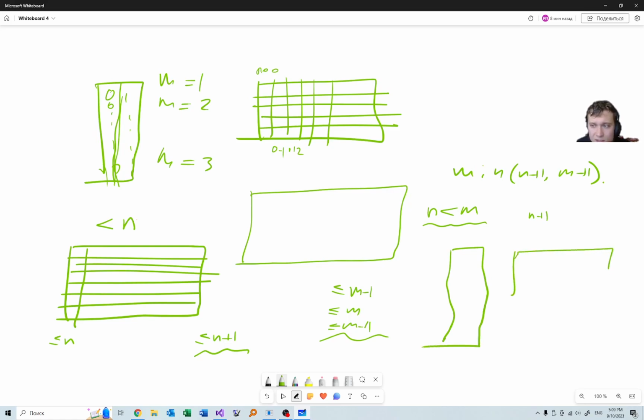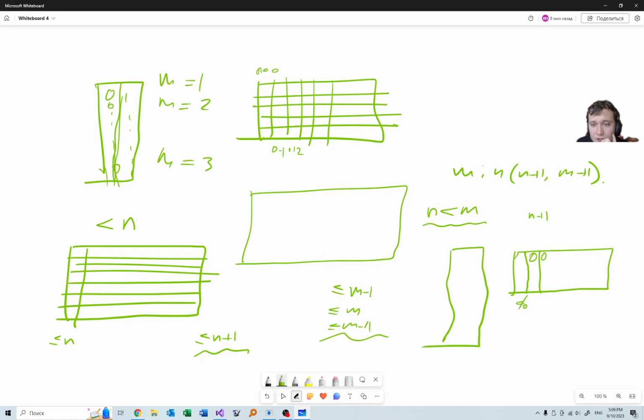So it's like this. We need to get n plus 1. So the first column should be without zeros. The second column should be with 0 but without ones.